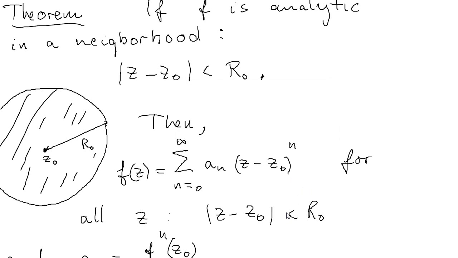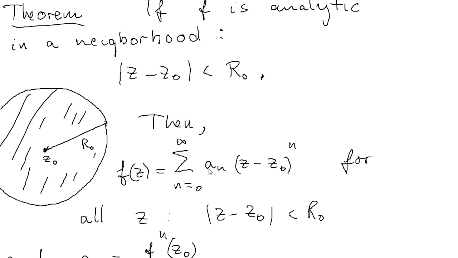Let's continue with the so-called Taylor's theorem. It states that if a function f is analytic in a neighborhood, that's the interior of a circle with center at z0 and radius r0, then the function f of z can be represented as an infinite series in the following way.